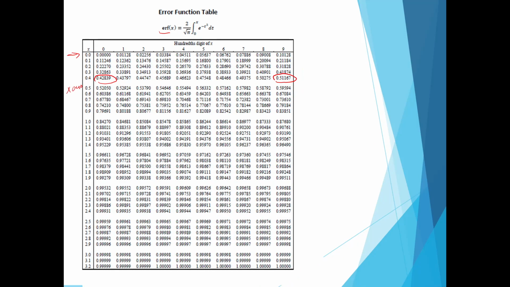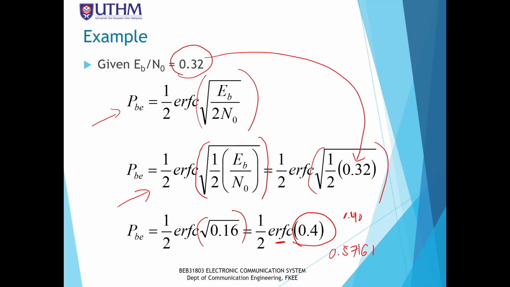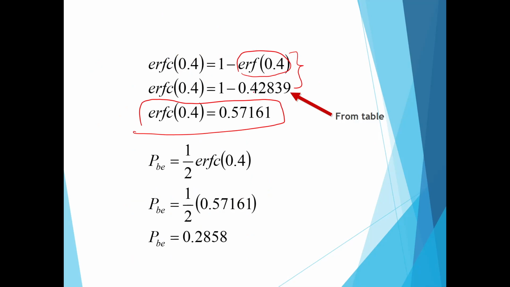From the ERF table at 0.40, we get 0.42839. We can use the formula to find the complementary error function by using 1 minus error function. At the end, we're going to get the same answer.